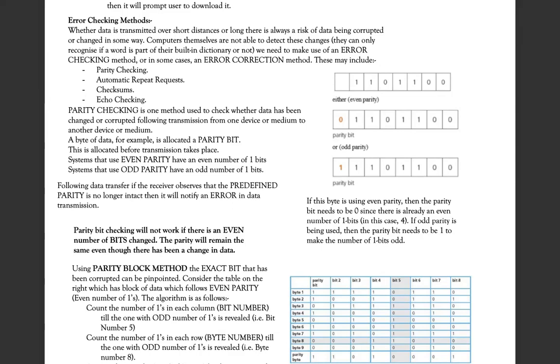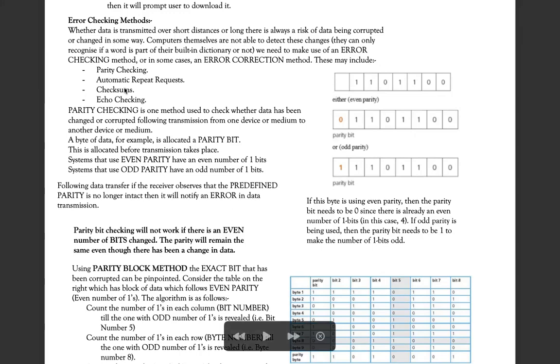What is wrong, they don't know, but there is something wrong. And there are methods that allow for error checking and then error correction as well. Error checking only means simply identifying that something is wrong. When we go from error checking to error correction, it also identifies what is wrong, and therefore it can proceed towards correcting it.